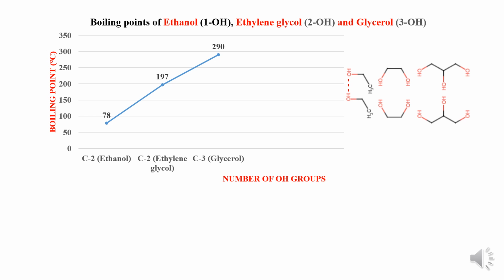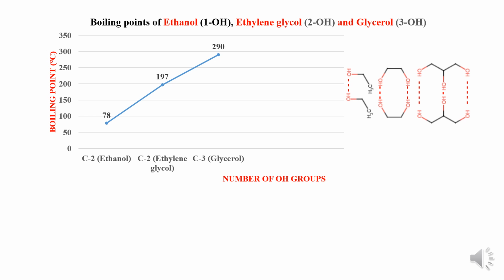In case of monohydric alcohol like ethanol, due to the presence of only one OH group, it can engage in hydrogen bonding with one other alcohol molecule. In case of ethylene glycol, there are two OH groups that can participate in two hydrogen bonding interactions. And in case of glycerol, which has three OH groups, it can participate in three hydrogen bonds.